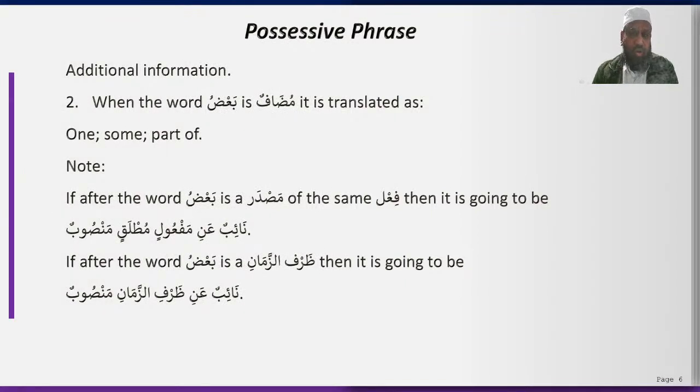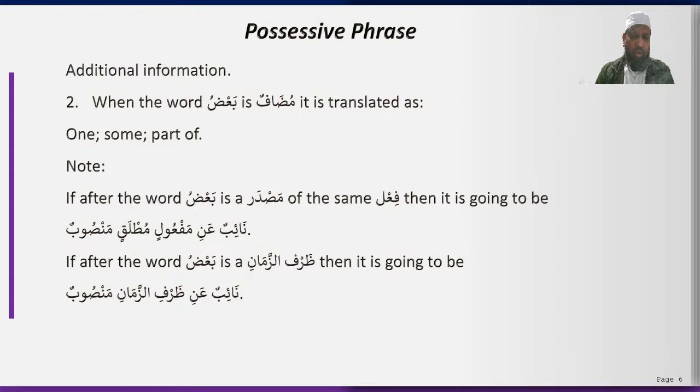So number 1 was kullu, number 2 ba'du. When the word ba'd is mudaf, it is translated as one, some, part of. Note, it's like the word kullu, ba'du, same.